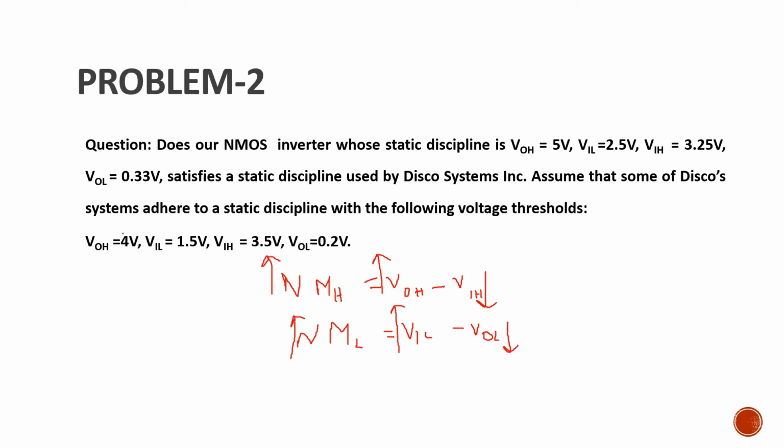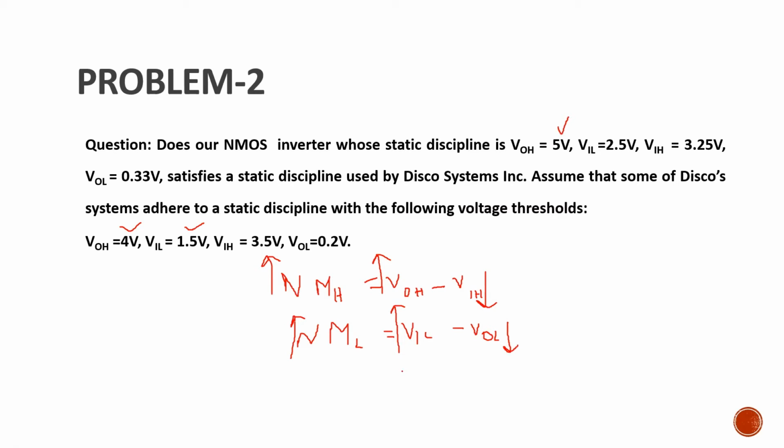You see, this is our reference, 4 volts. Whatever might be the value, the VOH value of a device must be more than system's VOH value, which is 4 volts. Here we are getting 5 volts. Wow, very good. It's more than enough. Satisfied. VIL is 1.5 volts.